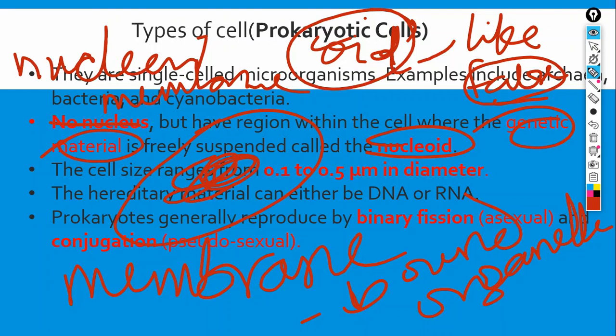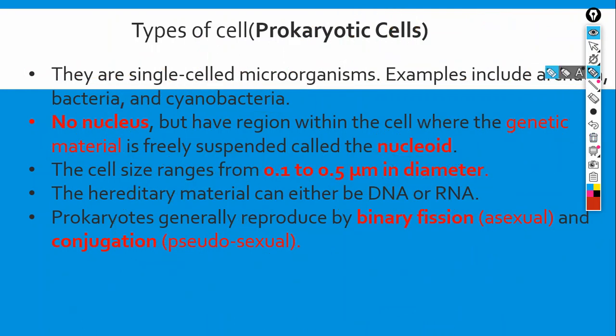The reason why the genetic material is coiled up this way is because of the presence of histone proteins. Histones are proteins that help the DNA coil up in thousands of folds, even millions of folds.